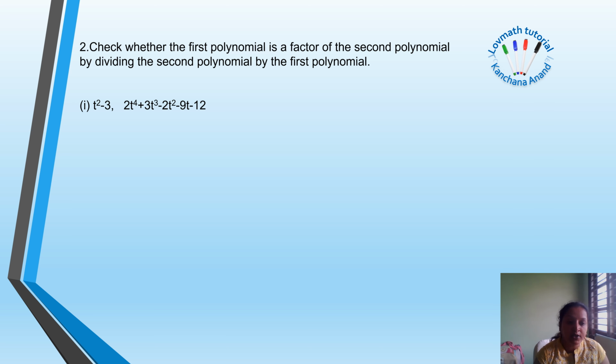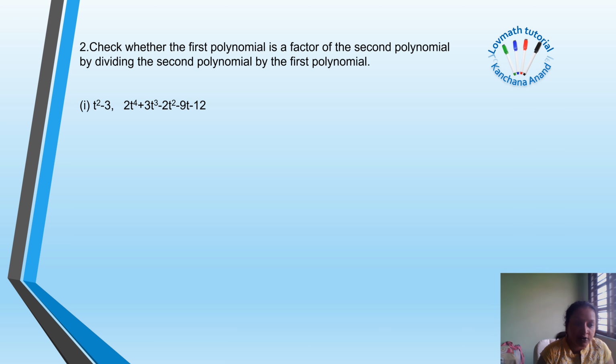So when we divide the second polynomial by the first polynomial, the remainder should be 0. Then the first polynomial, that is t square minus 3, is a factor of 2t to the power of 4 plus 3t cube minus 2t square minus 9t minus 12.